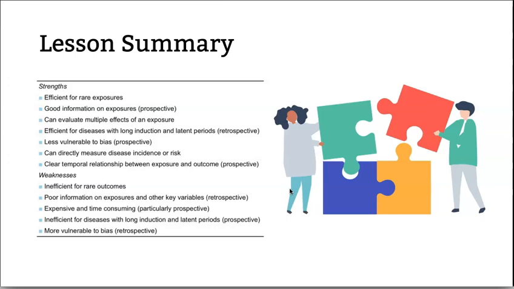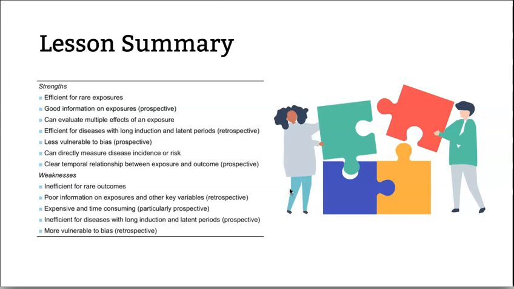Some of the weaknesses: if it's a rare outcome, like we'll talk about next week, something that does not occur very often, like pancreatic cancer or gallbladder cancer, you may have to follow a lot of people for a very long period of time to even see a few cases develop, and that's not very efficient.